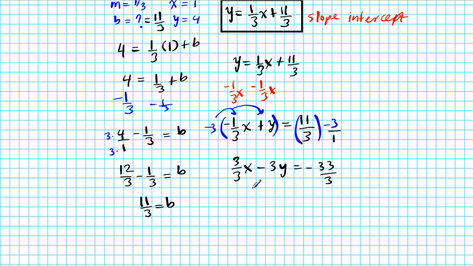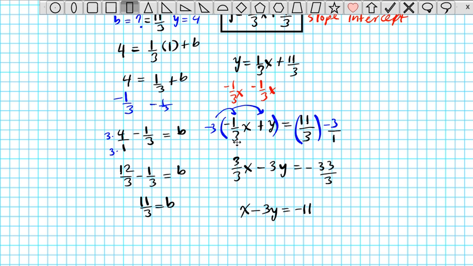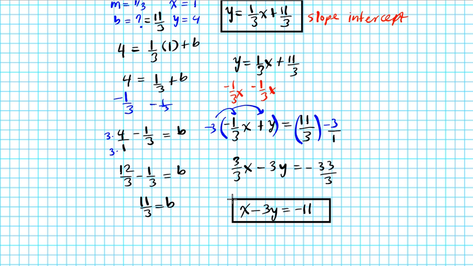So my answer is going to become x minus 3y equals negative 11. And there goes your answer in standard form. So this is your answer in standard form.